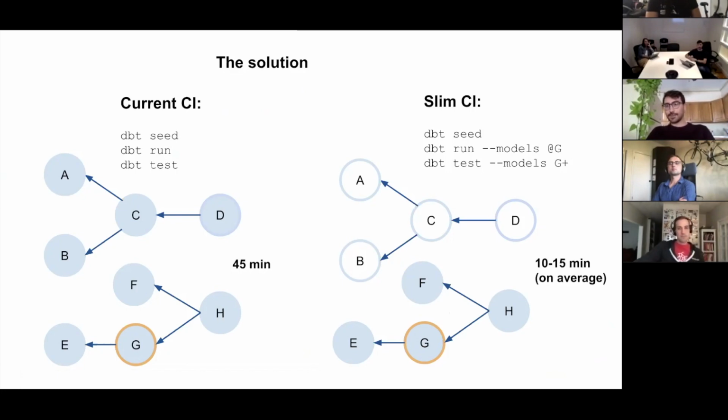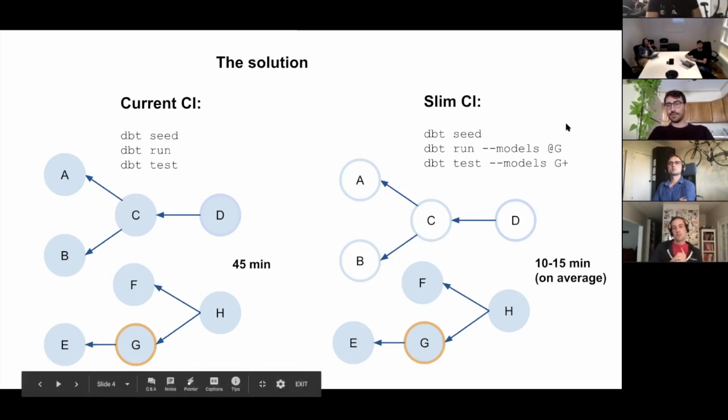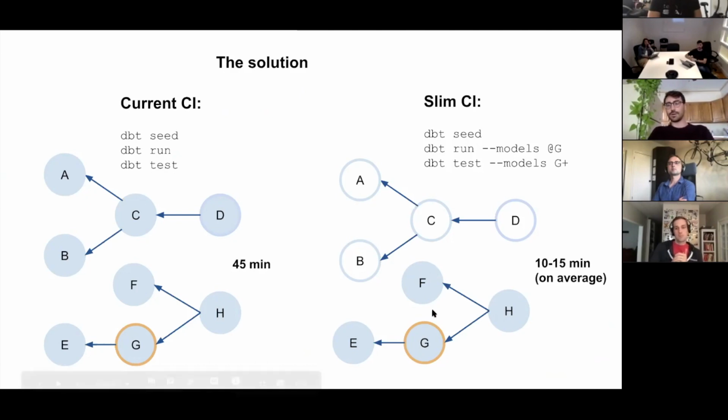The @ operator runs both the parents and children of the node you select, so G, but then also the parents of the children of that node. For instance, if model G has the child H, but F is the parent of H, it also runs F.